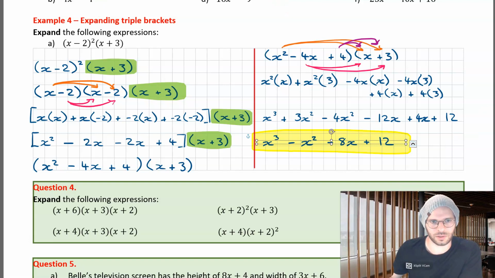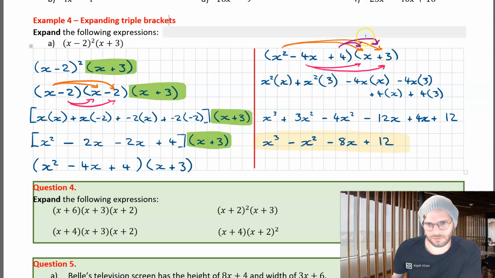So the way in which we do this is we just ignore all but 2 of the brackets. So we ignore the third one in this case, and we just work on expanding the first 2 brackets, breaking this down into a singular bracket, and then we expand this outwards by treating each term within the first bracket with a pair of arrows to expand outwards.